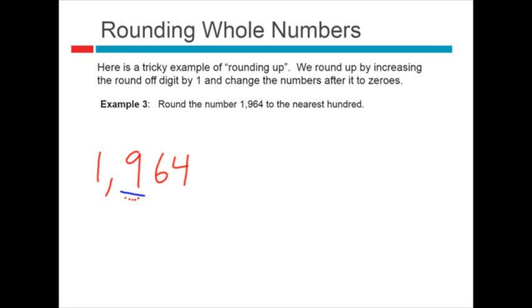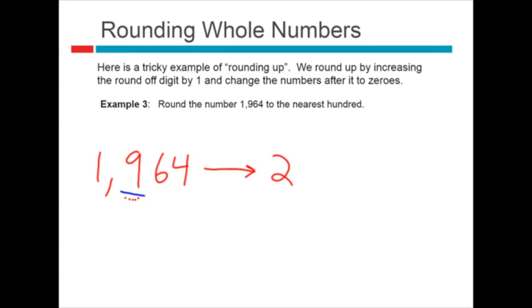So the way we have to think about this is we have 9 hundreds. If we bumped up 9 hundreds by another 100, we would end up with 1,000. So what we're going to do is bump up the thousands digit by 1 here. So we're going to bump that 1 in the thousands digit up to a 2.